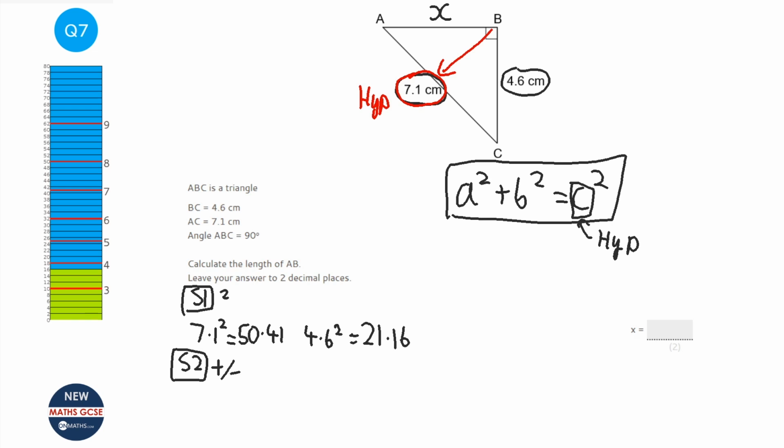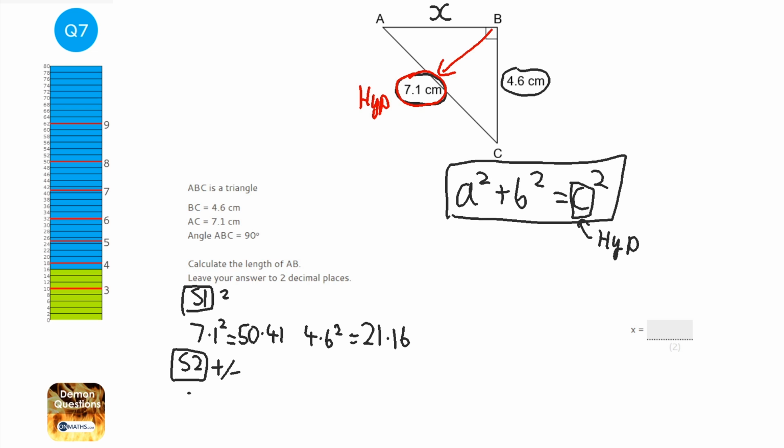So in step 2, have a think, well, if we add them, we'll get a bigger number. Well, the hypotenuse must be the biggest side. So when you're finding another side, not the hypotenuse, you will subtract. But if I was finding the hypotenuse, so I wanted a bigger number than the other 2, then I would add.